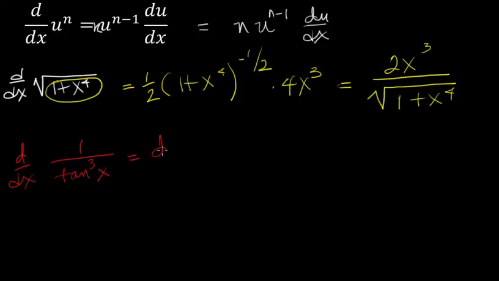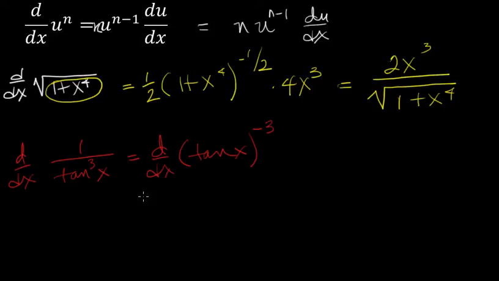Maybe we would want to actually write that down. The derivative with respect to x of tan x to the minus 3. So my u is tan x, and my outside function is u to the minus 3.